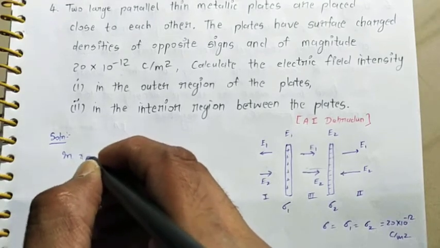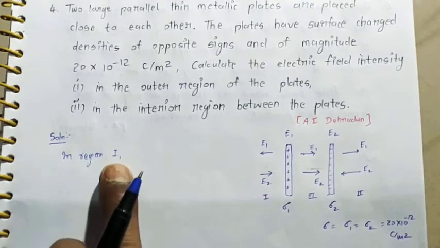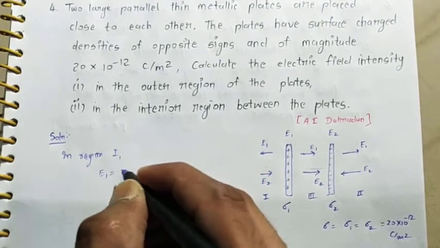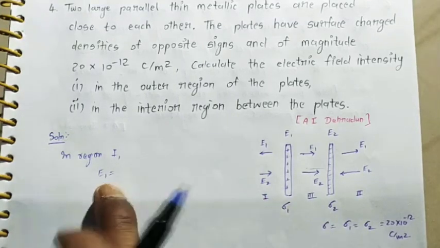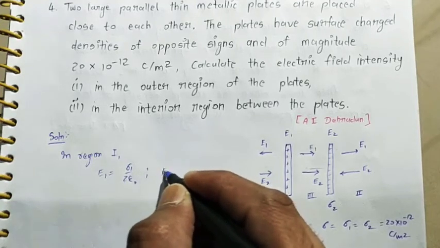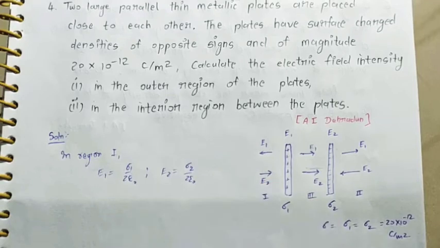In region 1, we have done it before. This electric field E1 is equal to how much? Sigma upon 2 epsilon naught, if you know the formula. So E1 is equal to sigma 1 upon 2 epsilon naught, and E2 is equal to sigma 2 upon 2 epsilon naught. If you don't know it, you have to revise it.